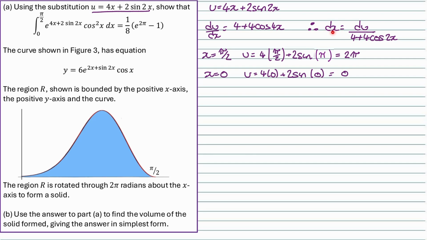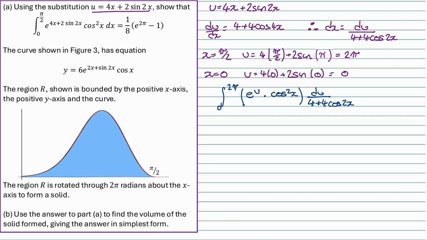So we've got dx, we've got our limits in terms of u, now we can substitute u into our integral. We'll have the integral between 2 pi and 0 of e to the u multiplied by cos 2x. And then for dx, du over 4 plus 4 cos 2x.